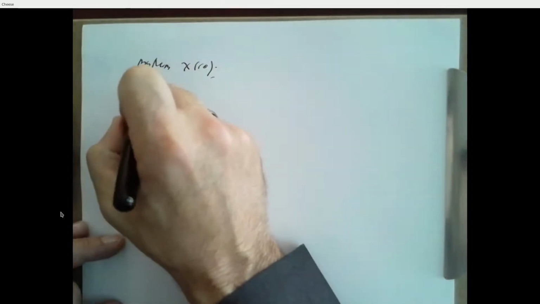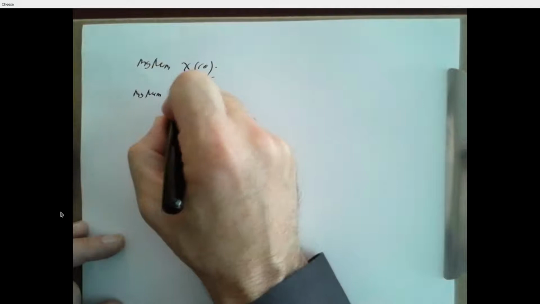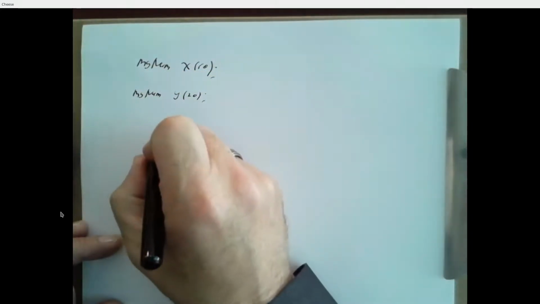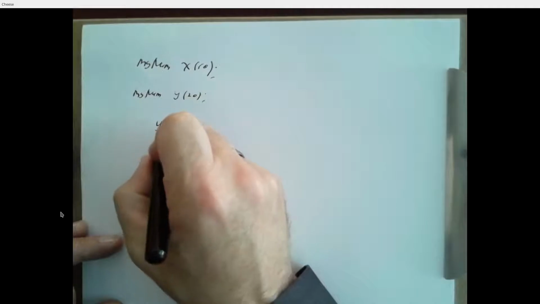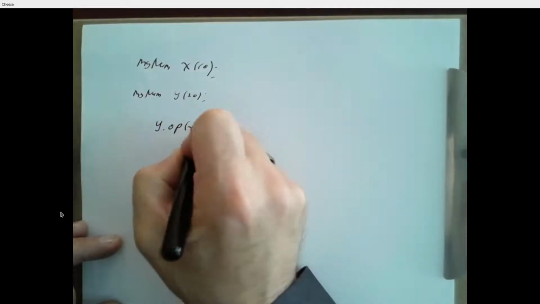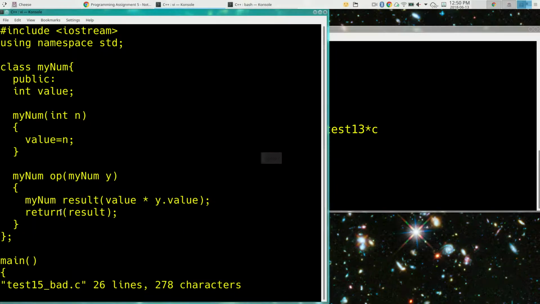So I can say mynum x 10, mynum y 20, and then we can say something like y dot op x. And so that will take 20 and multiply by 10, and presumably give you 200.